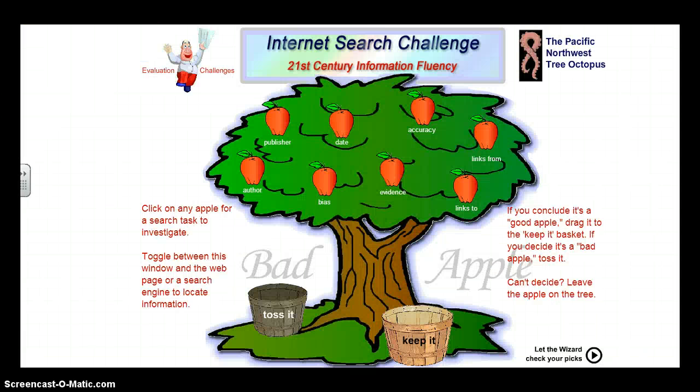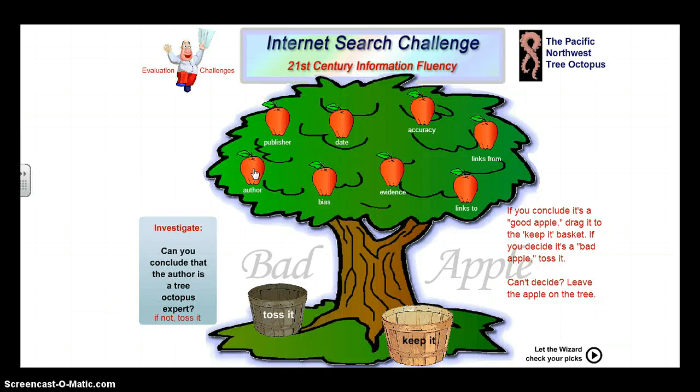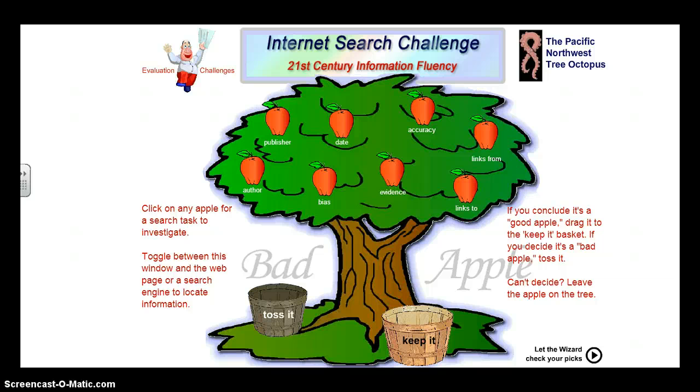Next, using the 21st century information fluency, we're going to do the internet search challenge of the bad apple using the Pacific Northwest tree octopus to evaluate the site. So what we want to do is look first for the author and see if they are an expert on tree octopus.